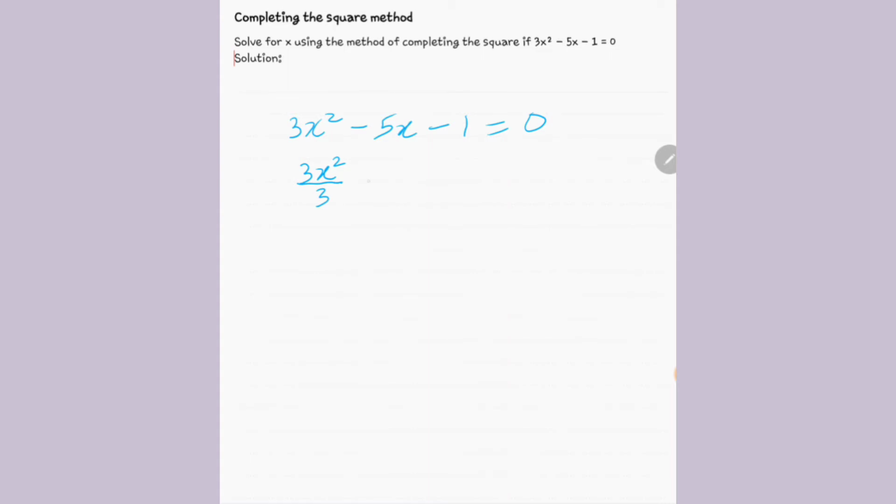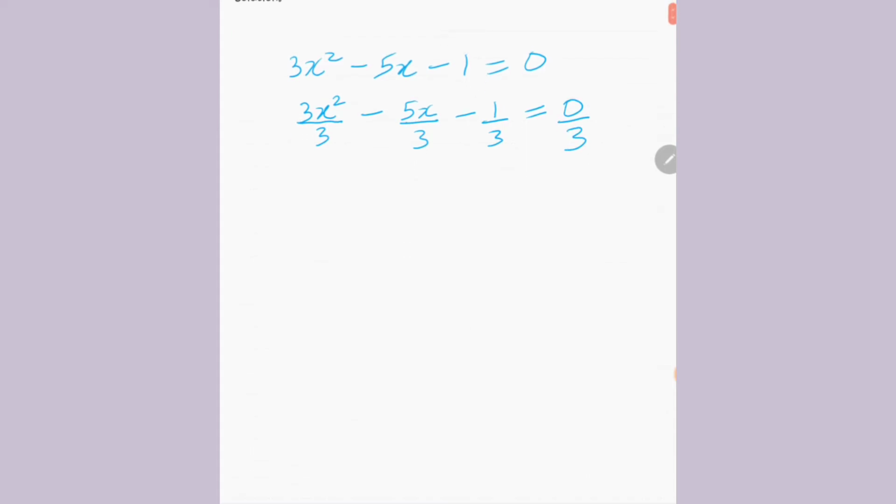So I'll divide by 3: minus 5x divided by 3, minus 1 divided by 3, equals 0 divided by 3. If you do that, you are going to have x squared, because 3 divided by 3 is 1, then minus 5 over 3 x minus 1 over 3 equals 0.